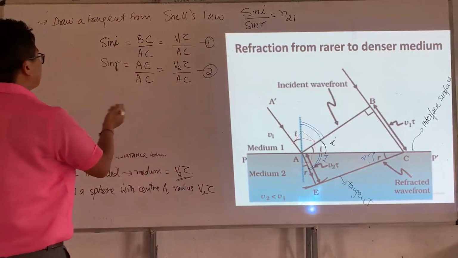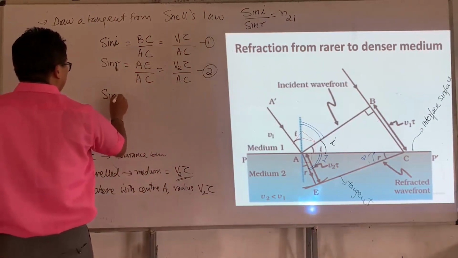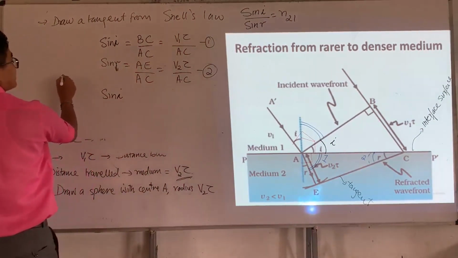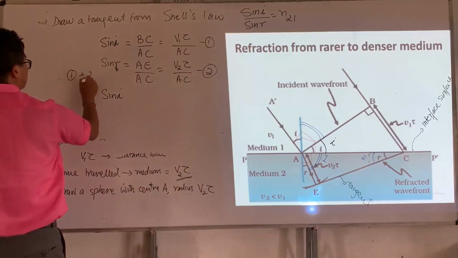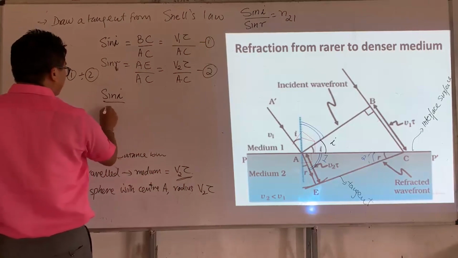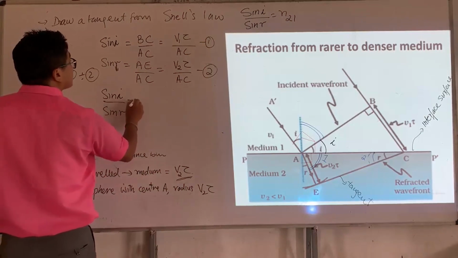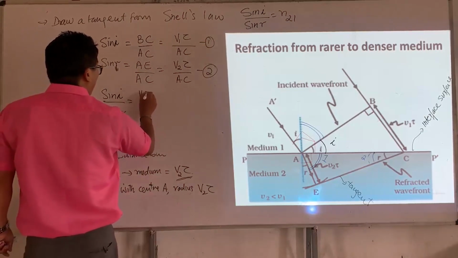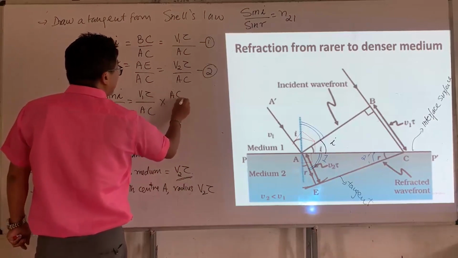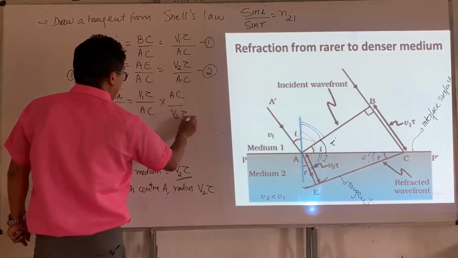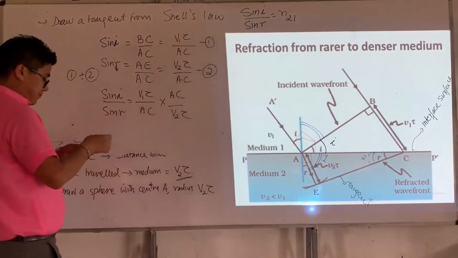Now I just divide these two: sin I divided by sin R is equal to V1 tau divided by AC multiplied by AC divided by V2 tau. Cancel out.